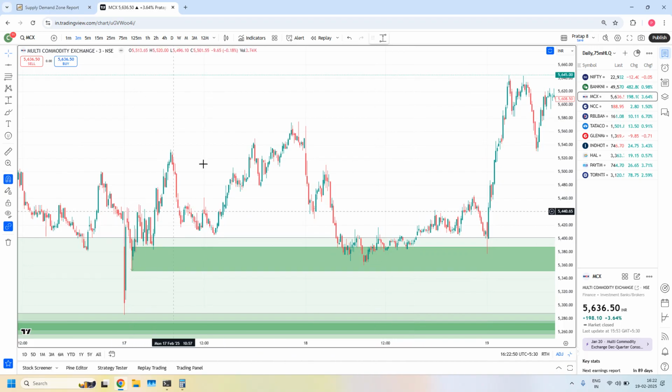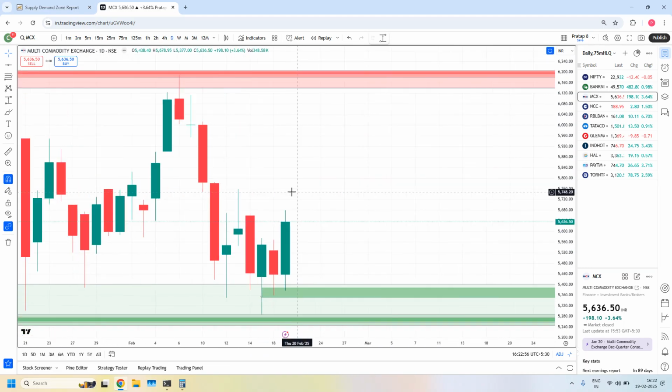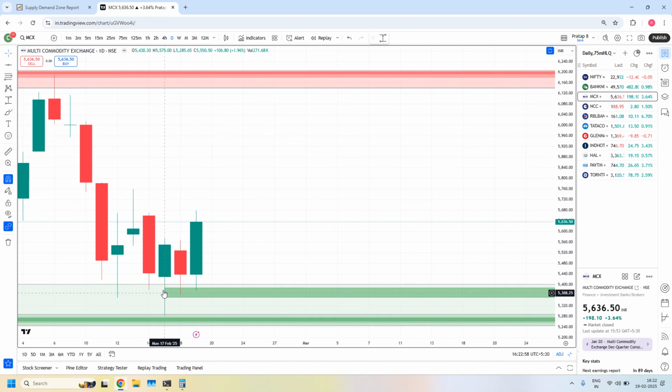Now clearly we accept. Now go to the daily time frame, you will understand. See here, while prices are moving here, the institutions created a high liquidity area. From that area, it is getting the support. Today it gave a big movement.